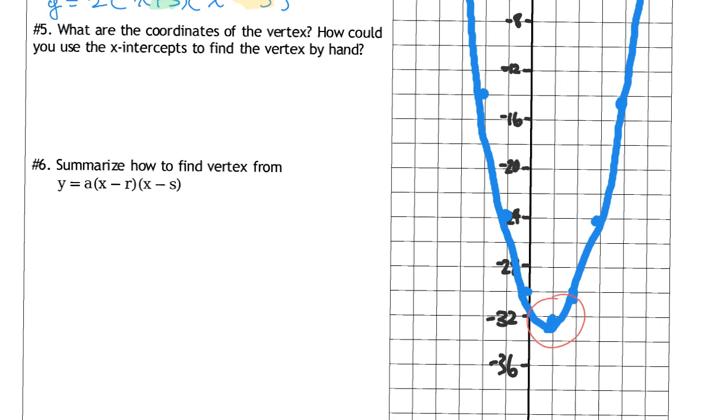And we found our vertex is exactly (1, -32), and that's what we'll write here for our answer. So our vertex here is (1, -32). And how could you use the x-intercepts to find the vertex?